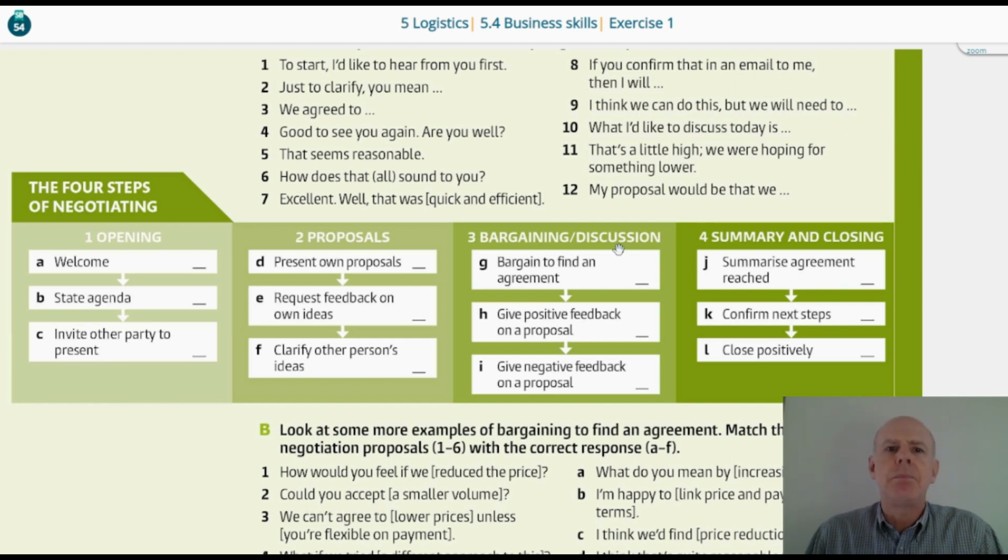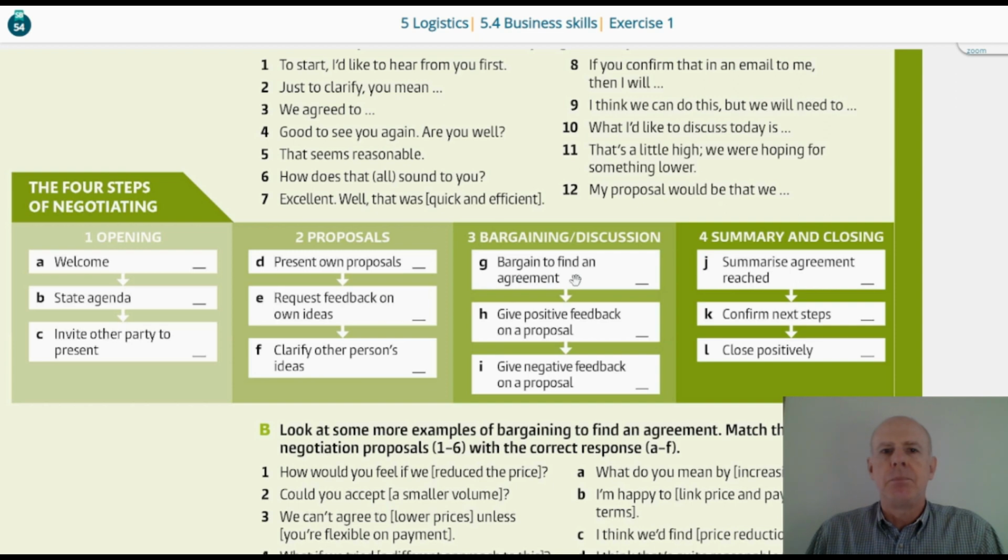After that, there's the bargaining or discussion, in which these proposals are like questions. There are responses, counter proposals, and then they try to reach agreement.